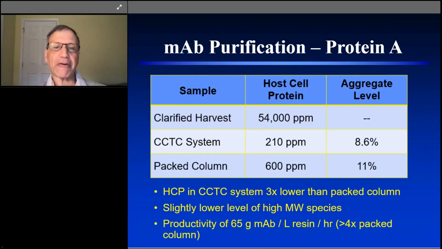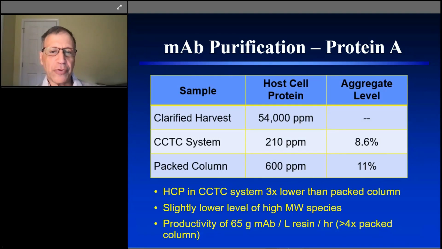This is a comparison of the performance of the system used for antibody purification, specifically looking at the host cell protein level, as well as the aggregate concentration. In our clarified harvest for this particular feed stream, we had 54,000 parts per million of host cell proteins as determined by an ELISA.